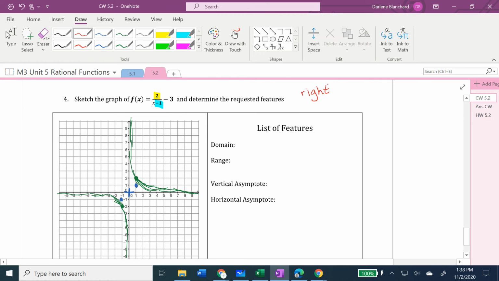So right 1, and then the -3 moves it. The -3 moves it what direction? Yes.